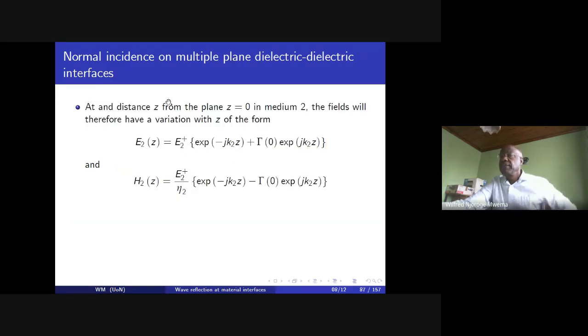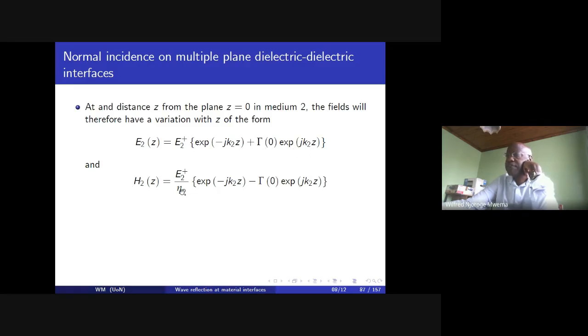Now, if we start moving from the interface at z equal to 0 in the minus z direction towards the interface at z equal to minus L, we can get values for the E field as follows. E2 at a given point z is given by E2 plus times the exponent of minus j k2z, that is the forward moving wave, plus the reflected wave in medium 2.